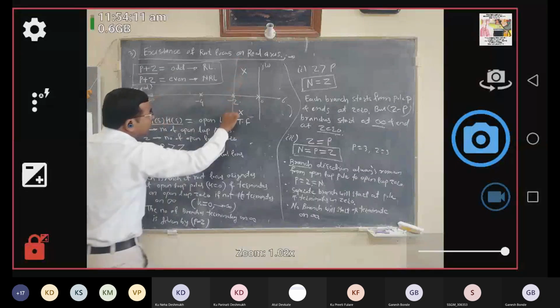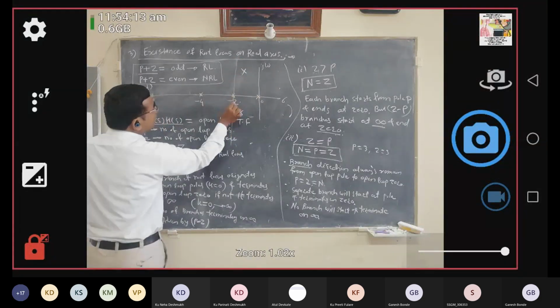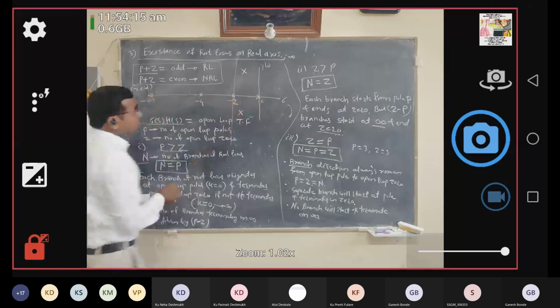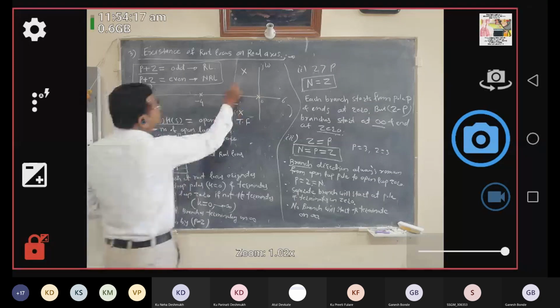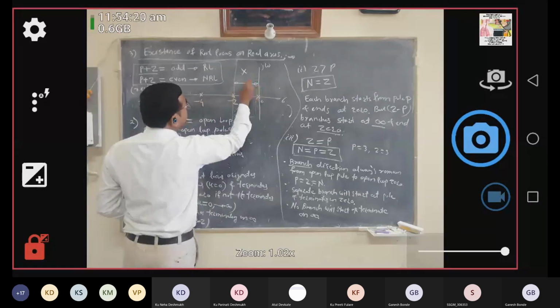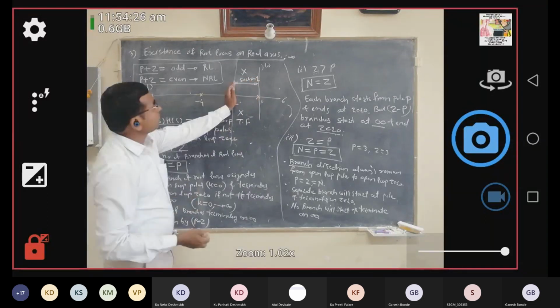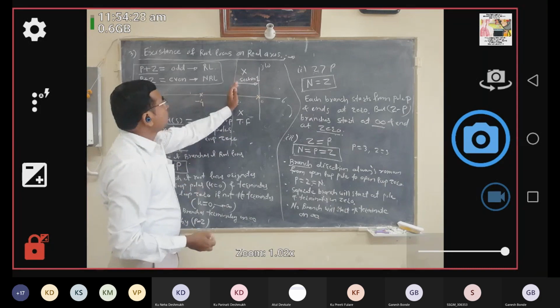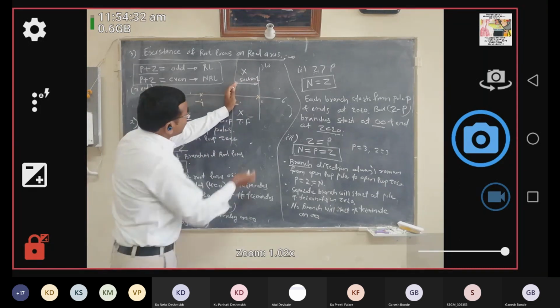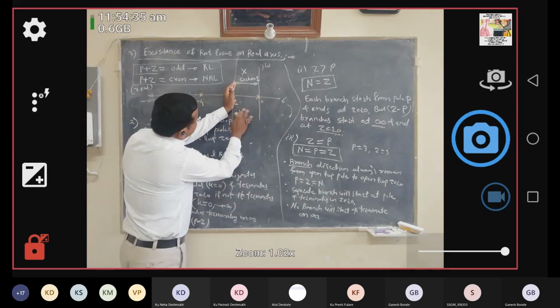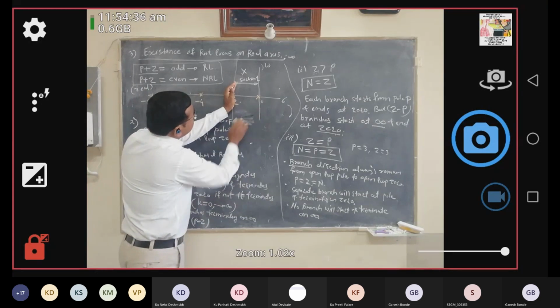Here, as we have one pole at -2, I have considered this first section. So this is my section 1. I have considered the section along -2. So what is the addition of P plus Z in this section?